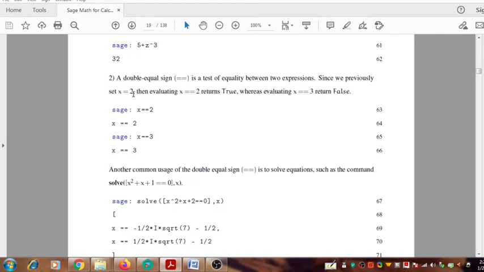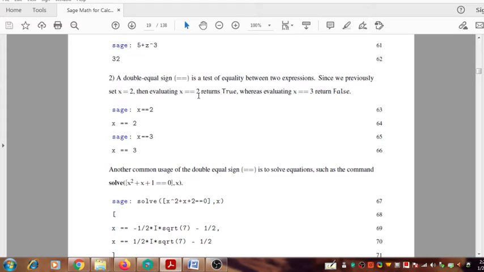After that if you write x double equal to 2, then what will it do? It will compare whether the value, since already the value 2 is assigned to x. Therefore, this 2 will be compared to the new 2.